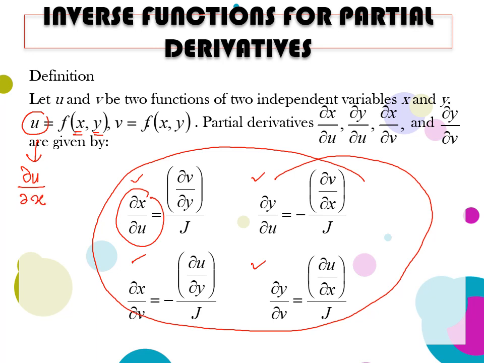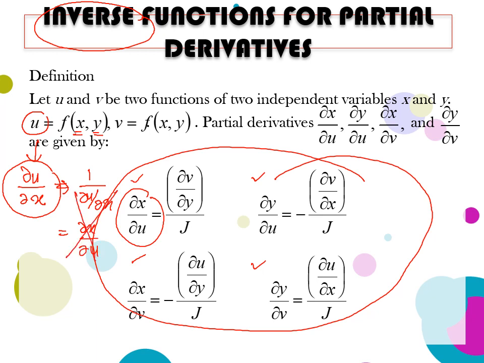If you want to find the inverse of your partial derivative here, you cannot directly invert this by using 1 over del u del x to get del x del u. You cannot do it this way for partial derivatives, with different functions depending on the variables.